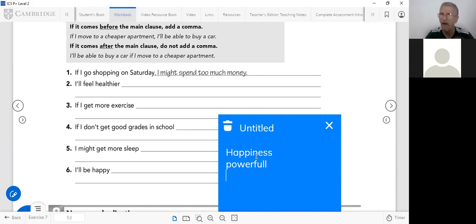Okay, there are some other suffixes which are added to nouns or adjectives in order to change them from a noun to an adjective. An adjective is something that describes, and it's descriptive when you have an adjective.